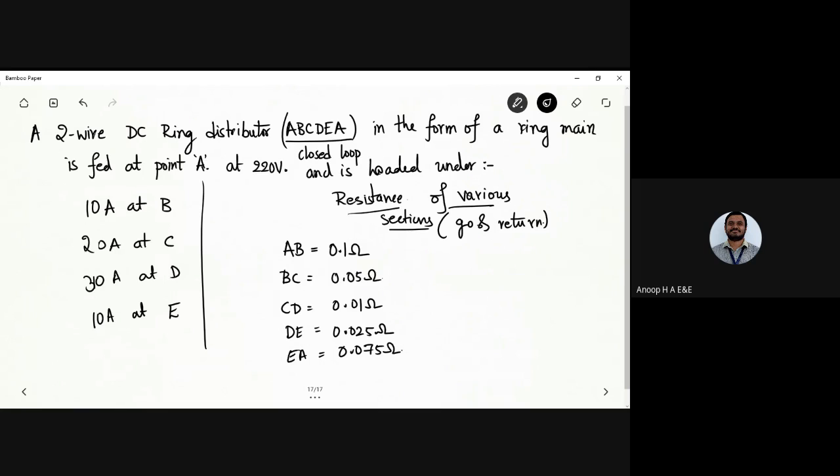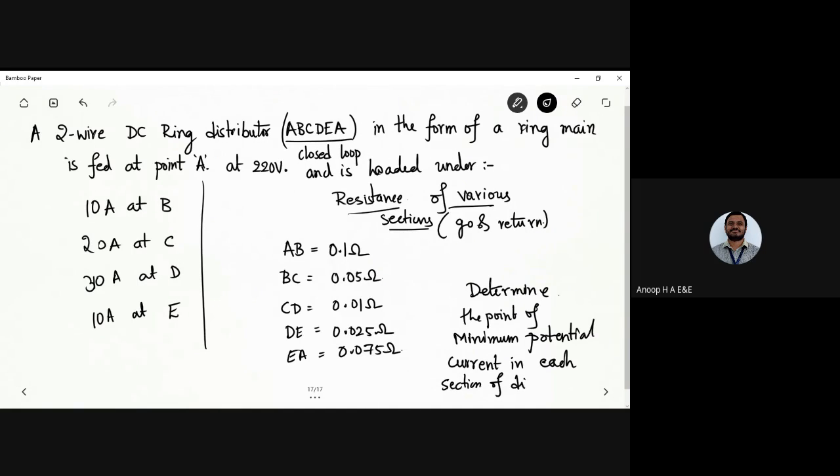Okay, so what you need to do, you need to determine the point of minimum potential, and current in each section of distributor.